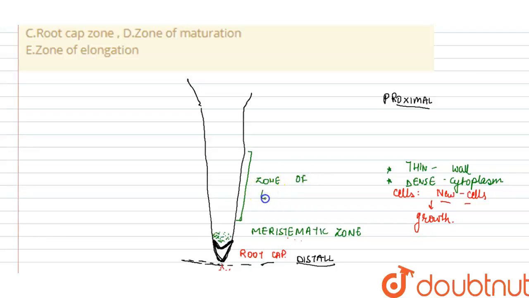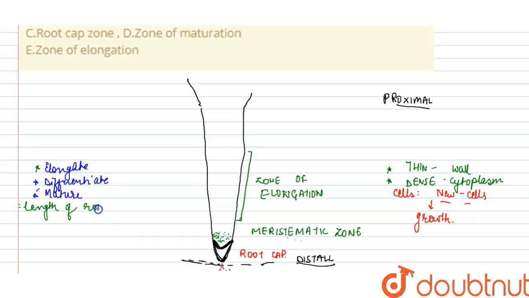This is the zone where cells elongate, differentiate, and mature. So what is the function of this region of elongation? It helps in the elongation, that is, it increases the length of the root.